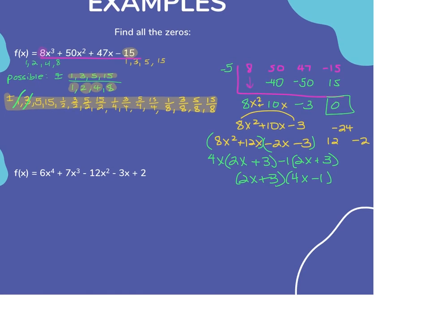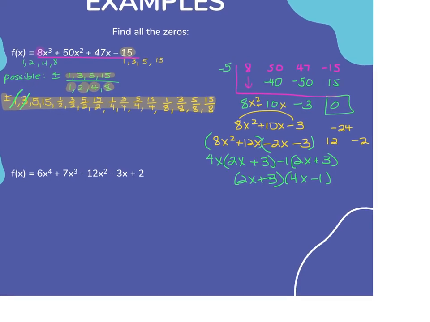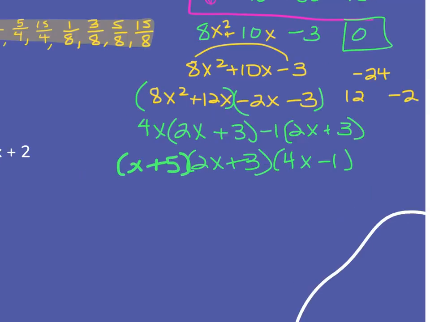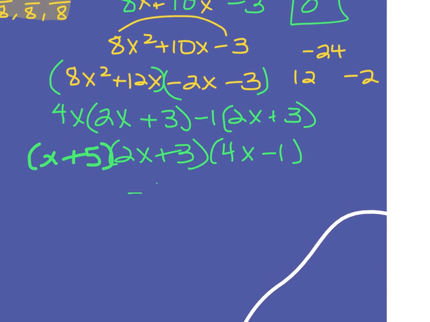So if my directions say factor, then I'm going to take that with the one I found on the outside, which is at negative 5, and it would be like this. These directions say find all the zeros, which means I want to actually find the listed roots. Negative 5, negative 3 over 2, and a positive 1/4.